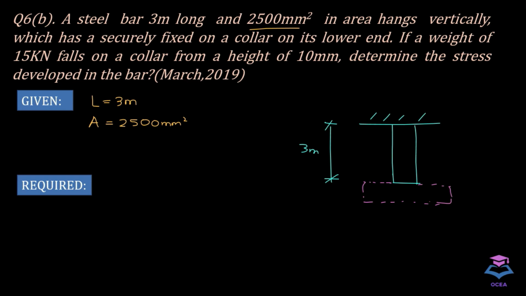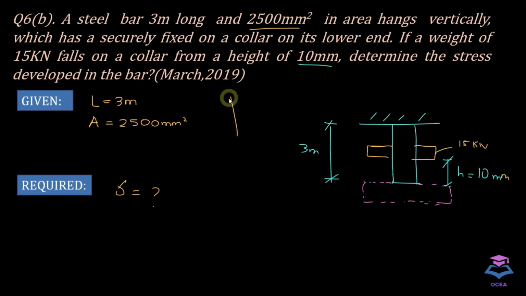So we are asked to determine sigma, the stress developed because of the 15 kilonewton load that is going to fall suddenly on this collar from a height of 10 millimeter, and let's denote this height by h. So h is equal to 10 millimeter.